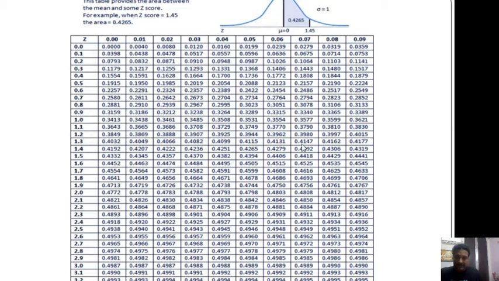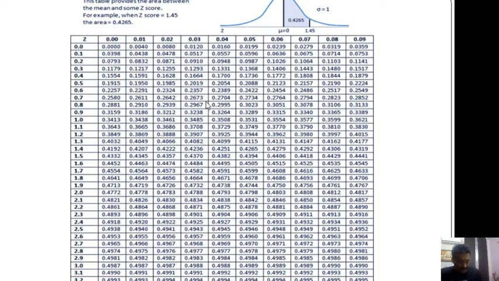is checked. Like if you have Z equals 0.1, you will see the value in front of 0.1, and if you have, suppose, Z equals 0.43, then 0.4 is here, and corresponding to it, in the column where you have 0.03, this value would provide you the area.